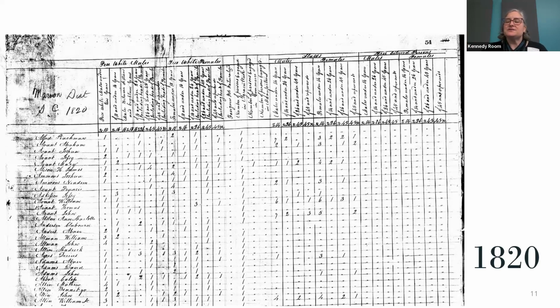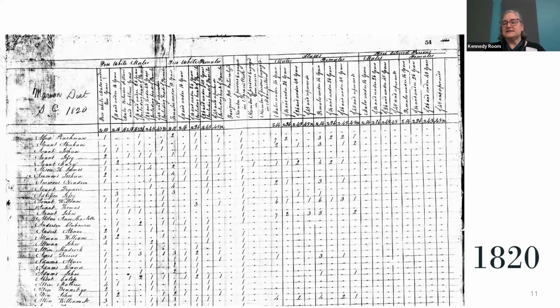They did also start asking for the numbers of persons engaged in agriculture, in commerce, and in manufacturing. And in 1820, they start dividing the enslaved into age categories as well: under 14, 14 to 25, 26 to 44, and then 45 plus.